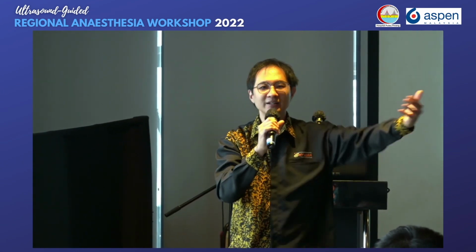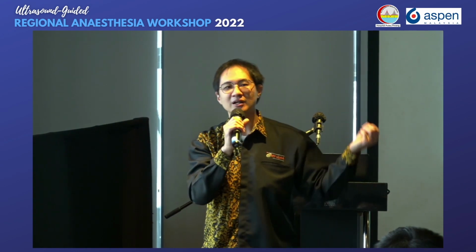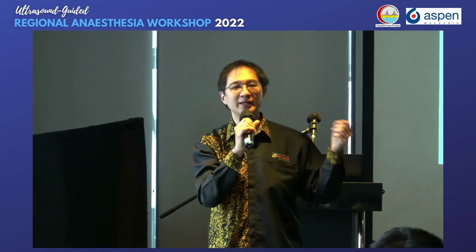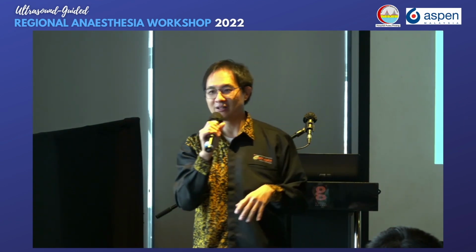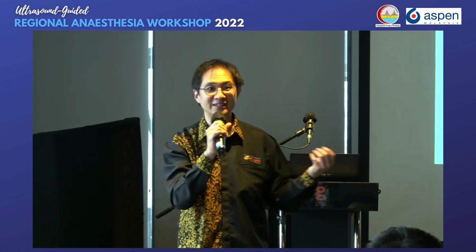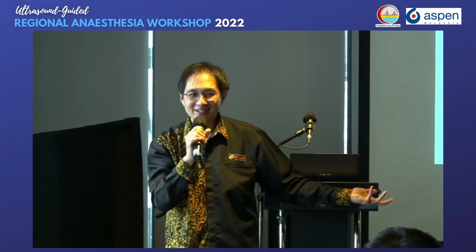You need something that can last longer. So you can combine a block with the spinal. Yeah, you can combine the femoral nerve block with the spinal also. People are worried that you might injure the nerve, but you can do it before you give the spinal, or you can do it after.